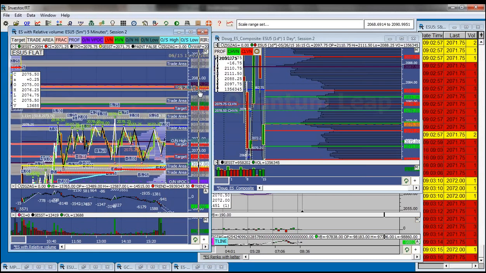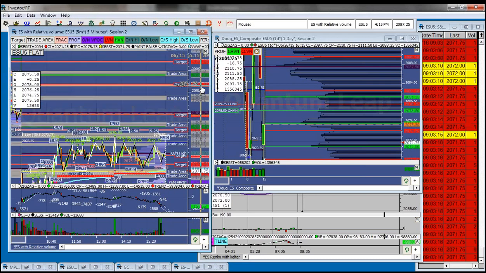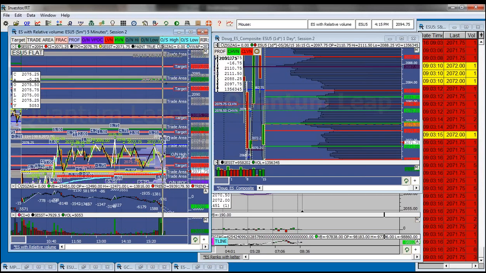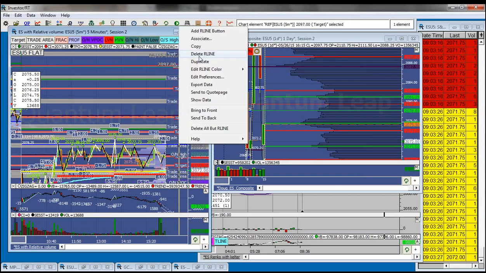And then above that, you've got 88.75, 91.75, 94, and then the next big or extended target above is at 97.